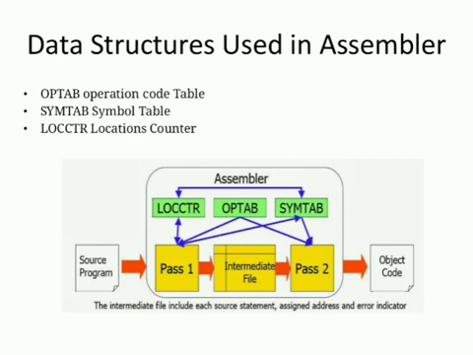Firstly, your location counter will be initialized with the starting address, which is indicated by the start directive. In the previous example we have seen start 1000, that is a starting address, and that is initialized in your location counter. After each source statement is processed during pass 1, the instruction length or data area is added to the location counter.